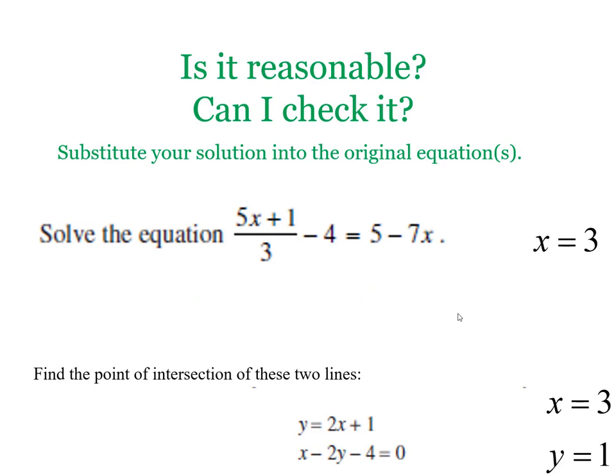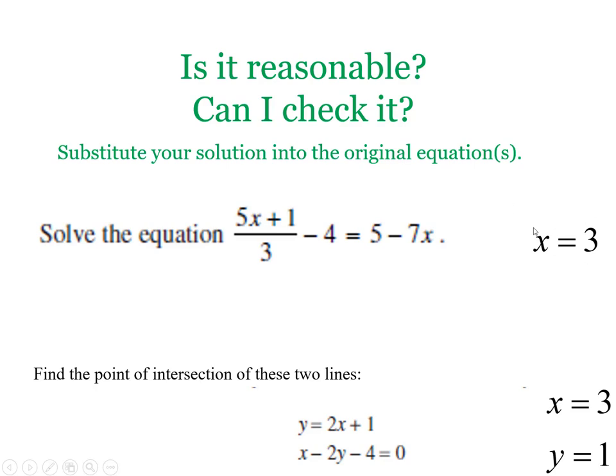Don't forget, when you are solving equations, one of the nice things about equations is that when you get a solution, you should be able to tell whether your solution is right or wrong.